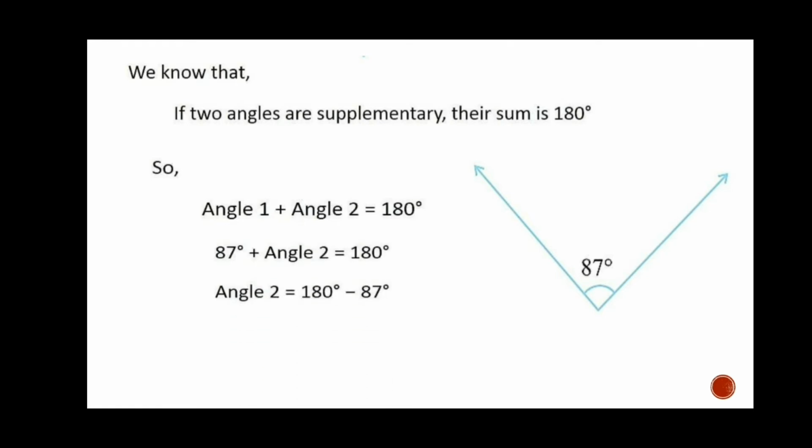Angle 1, which is 87 degree, is already given. We will place it. Then angle 2 will be equal to 180 minus 87 degree, which will be equal to 93 degree. Angle 2 is 93 degree.